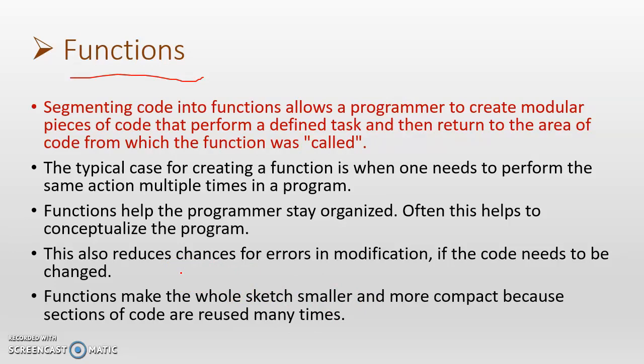So a function is often needed in a program where we have to call a particular part of the program many times, so we define it with the help of the function instruction.